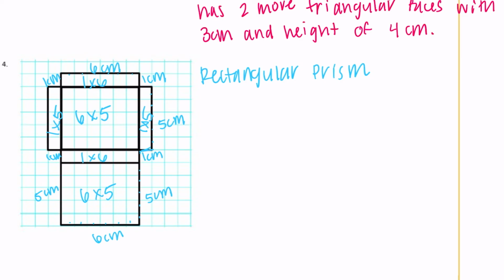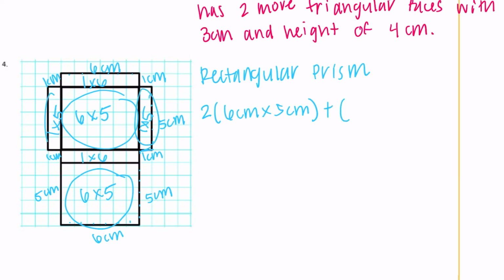So I have 2 groups of 6 by 5, so 2 times 6 centimeters by 5 centimeters, plus I have 2 1 by 5s, 2 times 1 centimeter times 5 centimeters, plus then I have 2 1 by 6s.